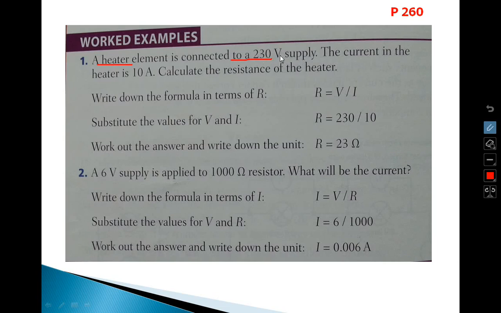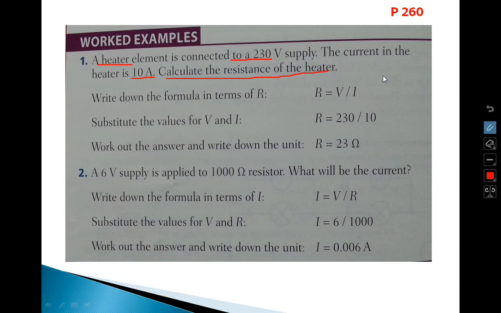The current in the heater is 10 ampere. Calculate the resistance of the heater.